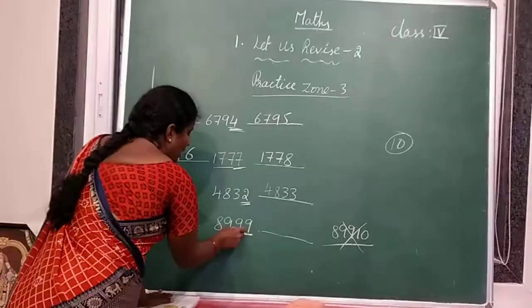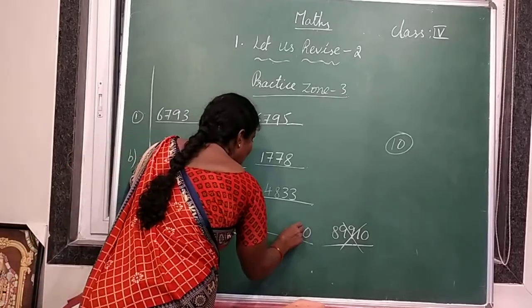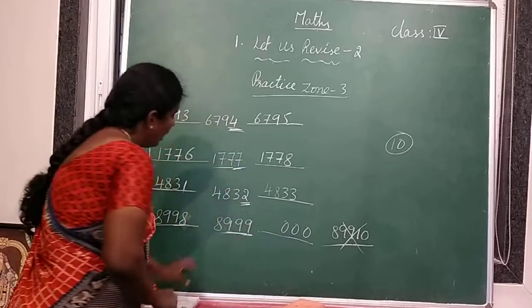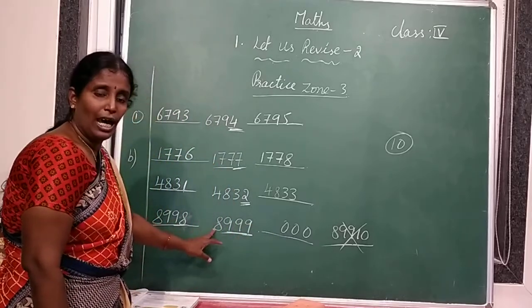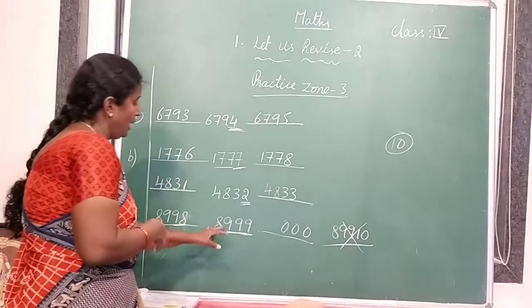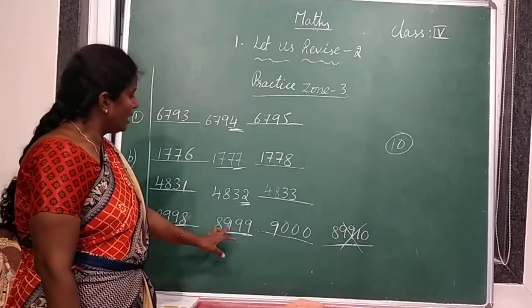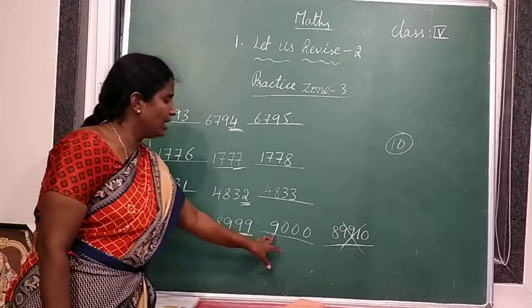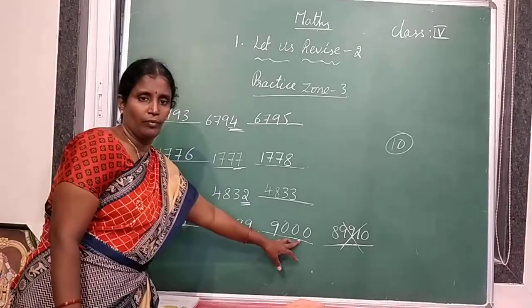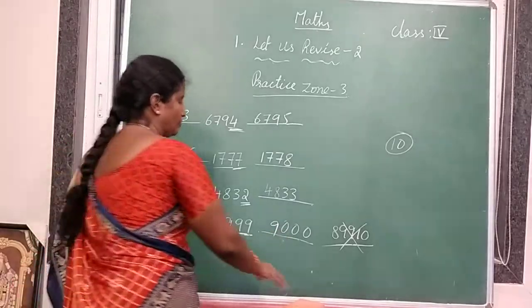In these 3 places we have to write zeros. And this is 8 now, the last digit. For the last digit we have to add 1. So 8 plus 1 is 9. So after 8999 is 9000. Understood? Okay.